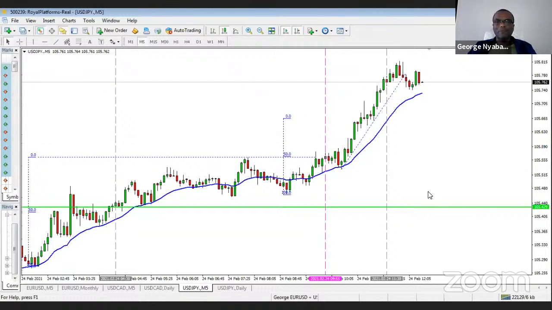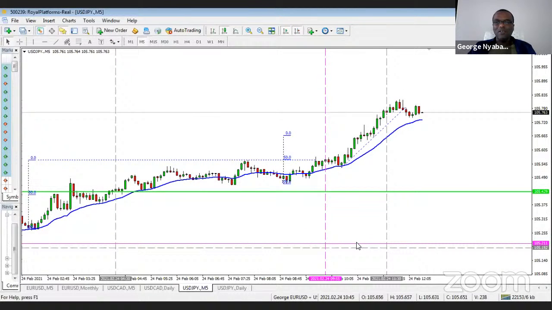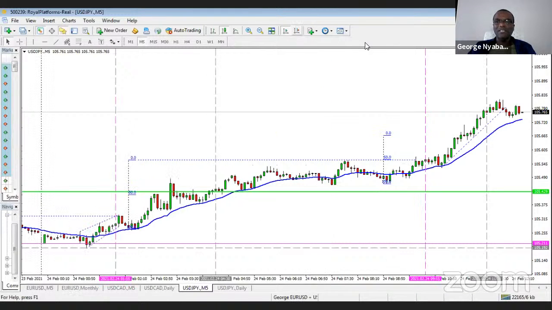Now, you also then have the open of the session, and that 1.5 hour that we spoke about. Now you find the open of the day horizontal level occurred way back in the Asian session. So let's have a quick look at that. Here's what transpired.